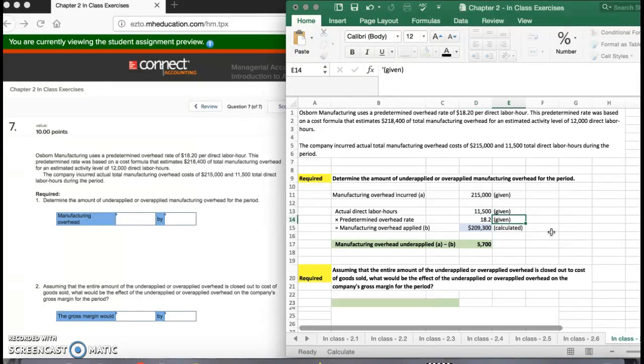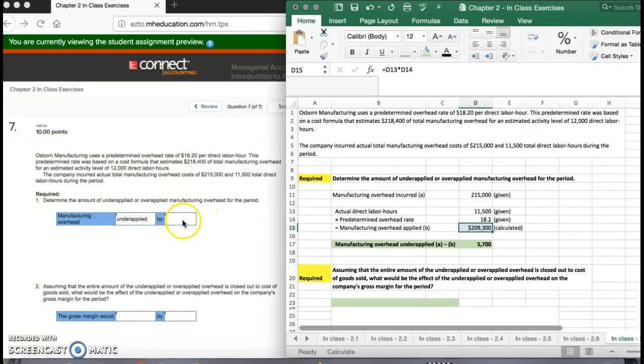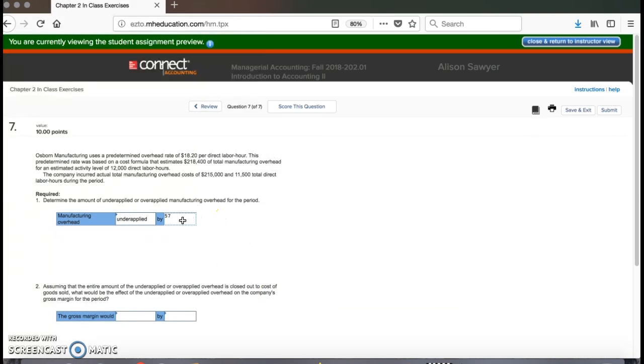So we had 18.20. And so our applied manufacturing overhead was 209,300. But our actual overhead was 215,000. So we know that our overhead was under-applied because the amount that was applied was less than what actually came in. So we're going to have to adjust. Oh, it's under-applied by, what was our number? 5,700.